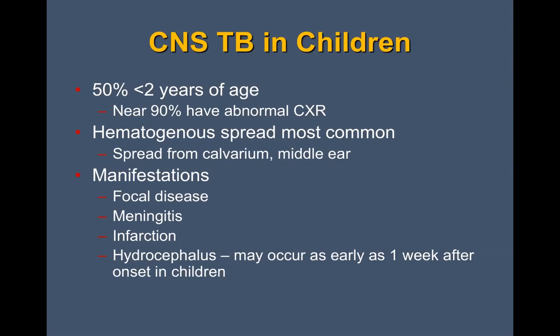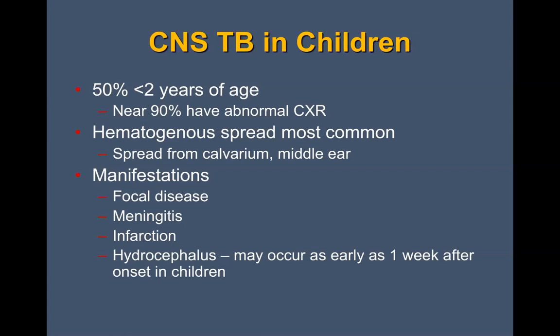Generally, this is going to be the result of hematogenous spread, and it can spread from a variety of places, but often it spreads from places that are close to the brain, so from skull involvement or middle ear involvement. CNS involvement can take many forms. It can give you brain parenchymal disease.